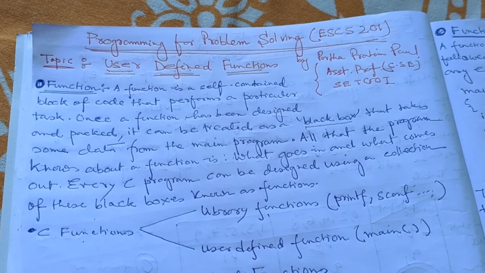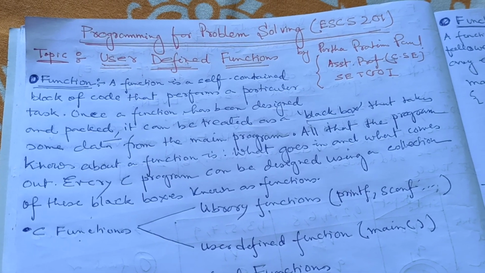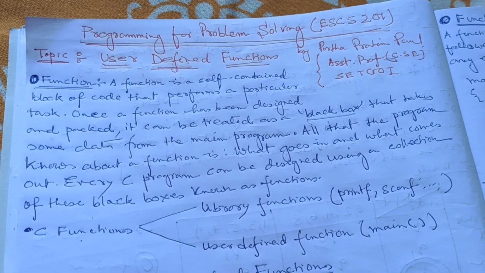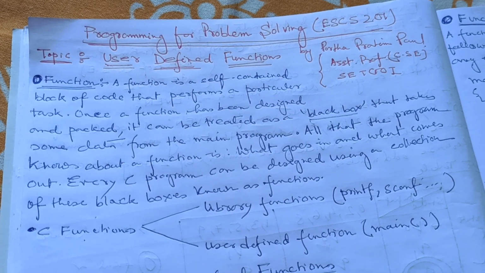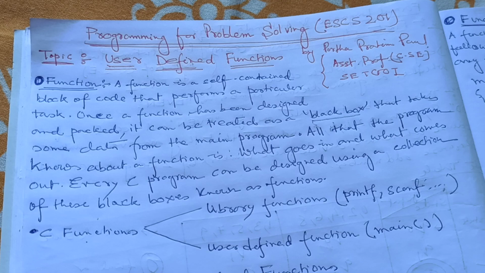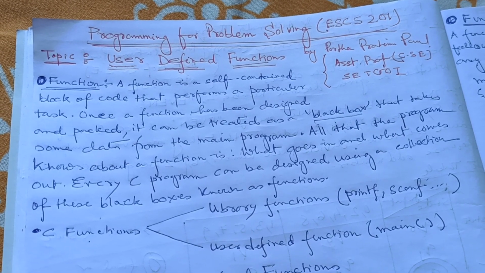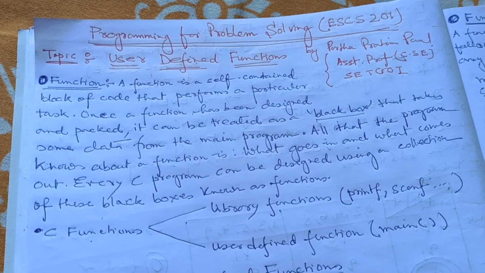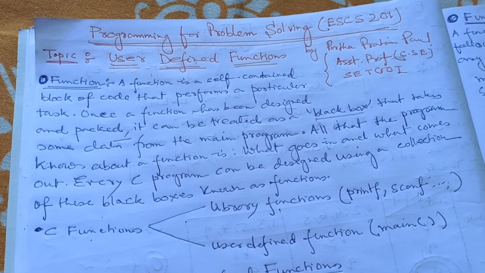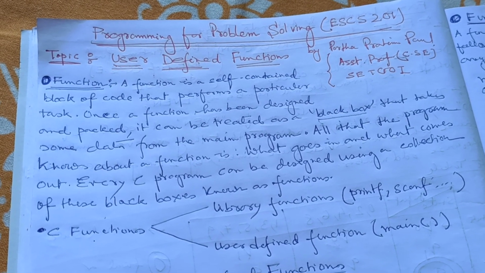First I will discuss what is a function, that is, the definition of a function. A function is a self-contained block of code that performs a particular task. Once a function has been designed and packed, it can be treated as a black box that takes some data from the main program.